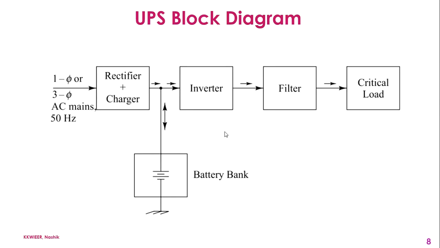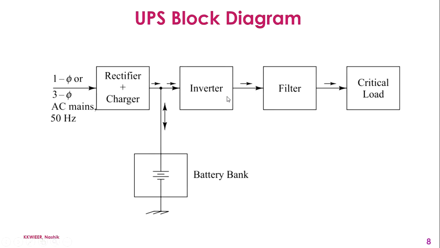This is a block diagram which consists of, the first block, a rectifier charger to which the single phase or three phase AC mains, that is, a 50 Hz supply, is given as input. The input of this rectifier is AC and it will convert it into DC. This will be given to the next block, that is, the inverter.